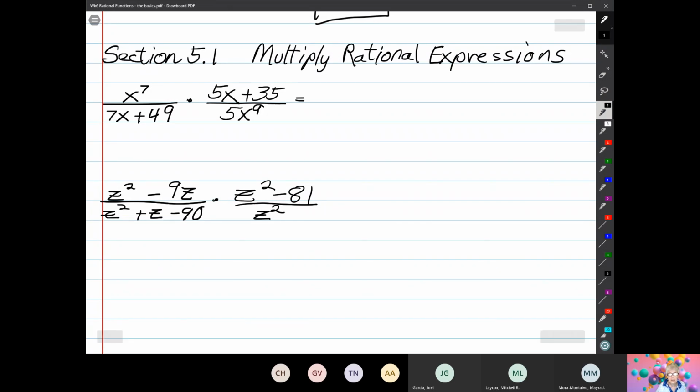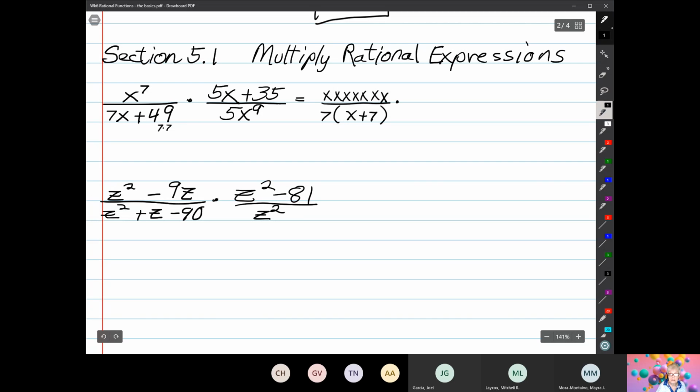We take the first fraction, x, x, x, x, x, x, x, 1, 2, 3, 4, 5, 6, 7 over, there's a GCF here. 49 is 7 times 7. So both of these terms contain a 7. I'm going to factor 7x plus 49 by GCF. 7 times x plus 7.